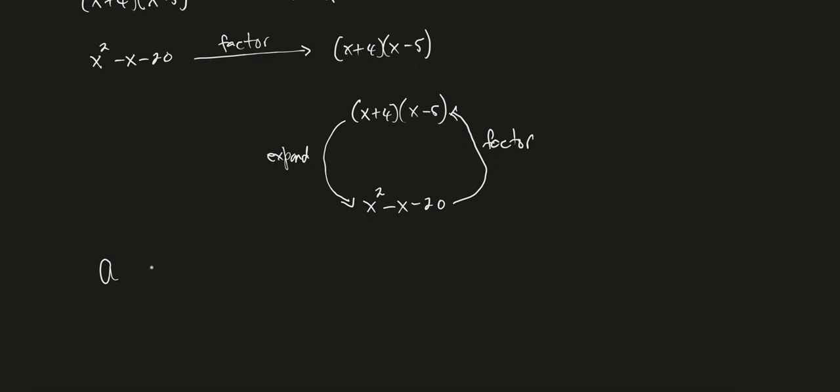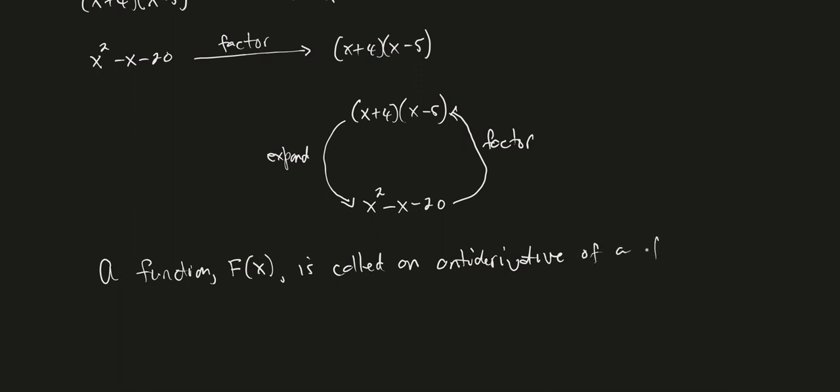So a function, and I'm going to call it big F, so uppercase F of x, is called an antiderivative of a function, another function obviously, and this one's going to be denoted little f of x, on some interval.